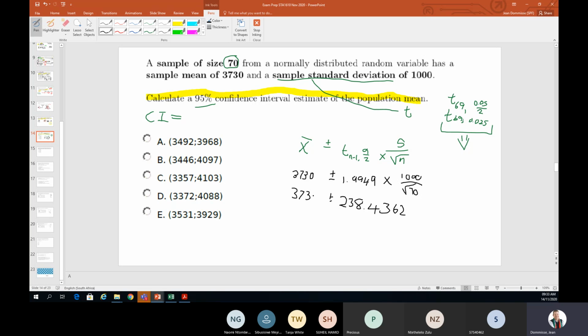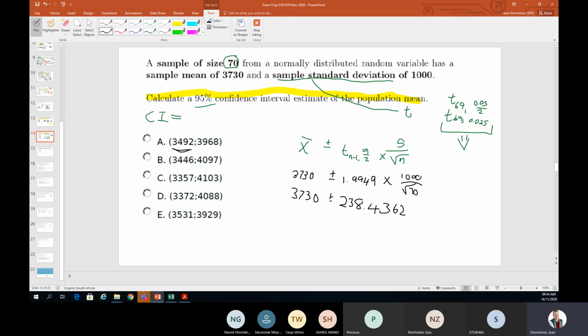We can later on just round off, as I now see they've rounded it off to the nearest full number. So basically 3730 minus 238 gives me 3492. Okay, so none of our other options match.